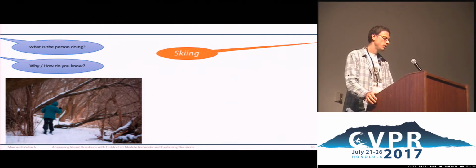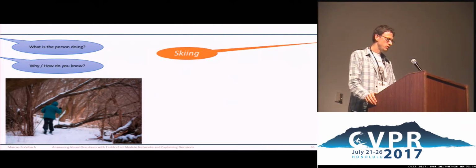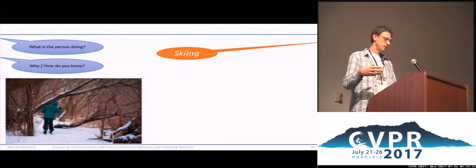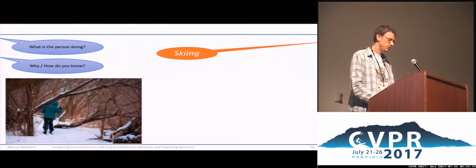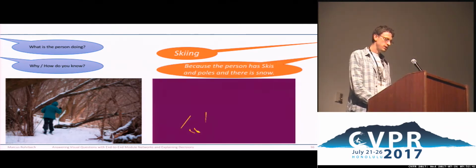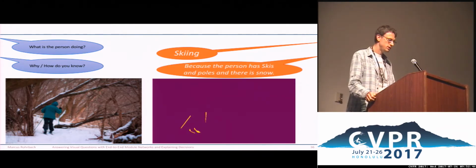We have the scenario, what is the person doing? The answer: skiing. But then you might want to ask, why is this actually the case? Or how do you know that this person is skiing and not hiking, for example, through the snow? What we want to do is predict, on the one hand, a textual explanation, for example, because the person has skis and poles and there's snow, and also a localization of this.